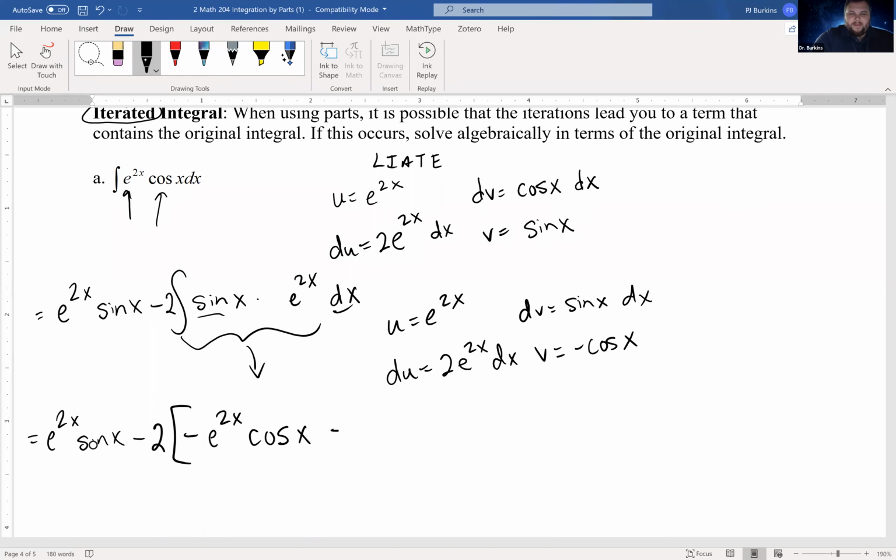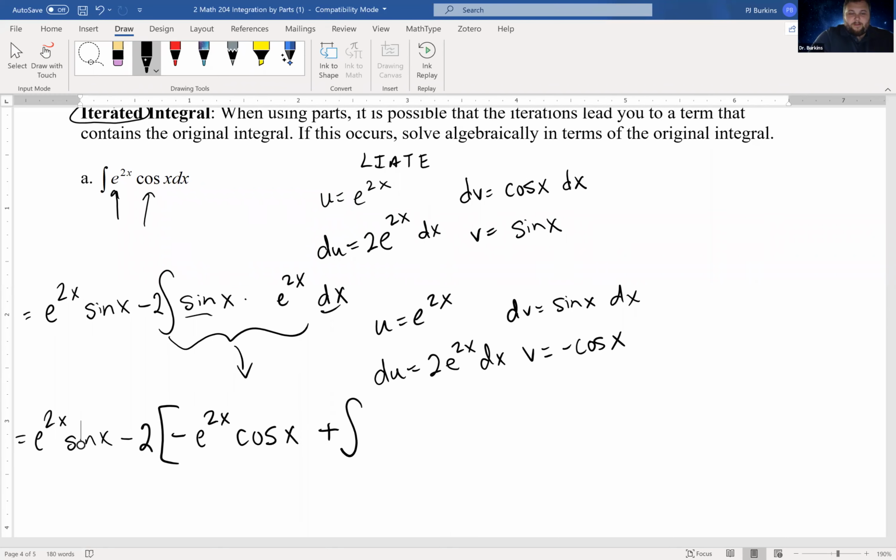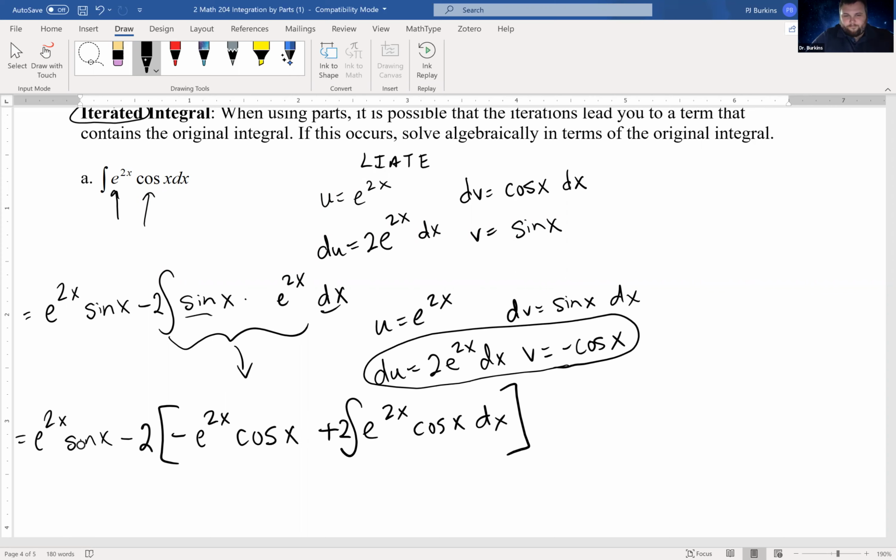And then I have minus, again, v is negative. If I'm subtracting a negative value, I get plus the integral. There is a 2 there. e to the 2x cosine x dx. Okay, so that's just these two terms combined, with a decent amount of rearranging.